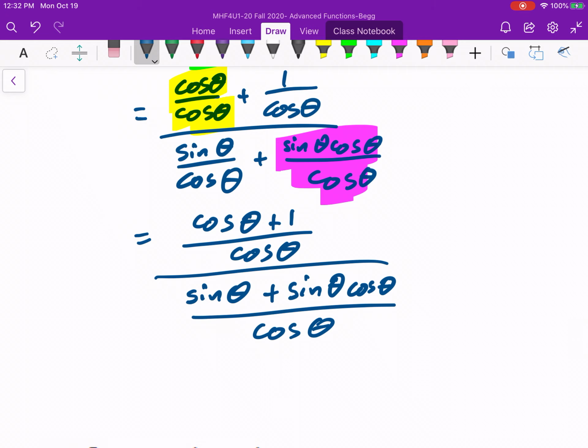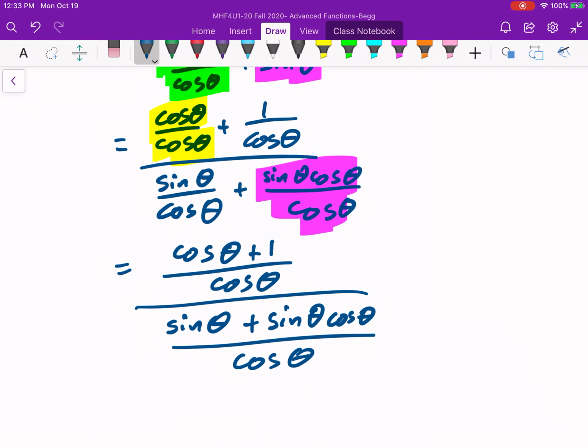Things aren't looking much simpler yet, but we have to have a little bit of faith that if we keep working at it, we'll get to where we want to be, as long as we don't break any of the rules of math. So now I've got a fraction over a fraction.